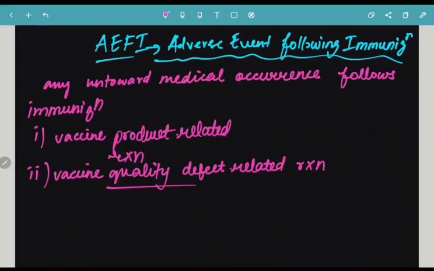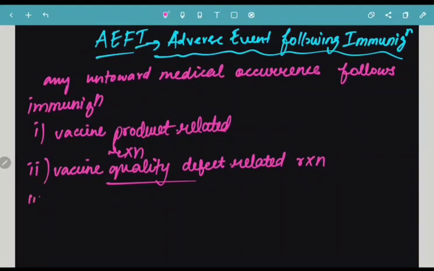So any AEFI caused by any quality defect of the vaccine product is going to be a vaccine quality defect related reaction. It also includes the administration device, as provided by the manufacturer.